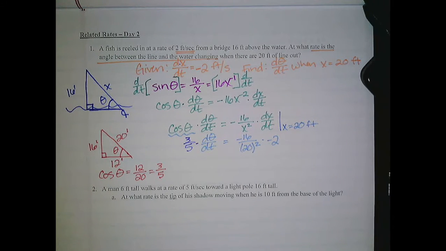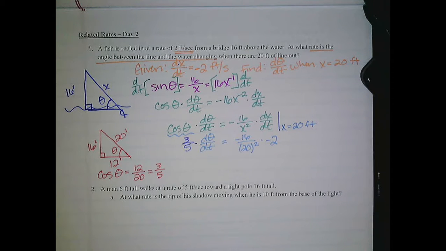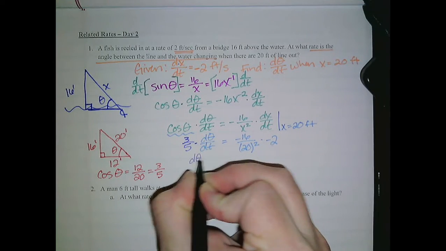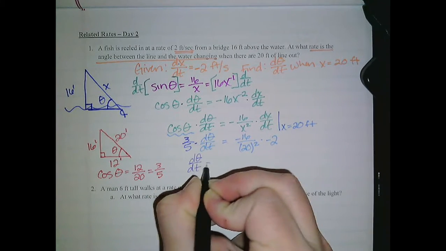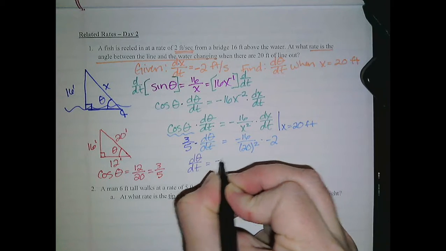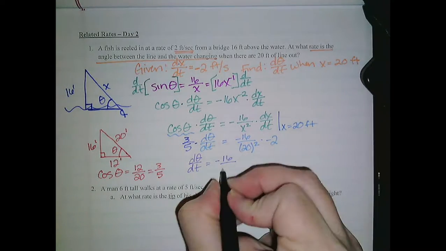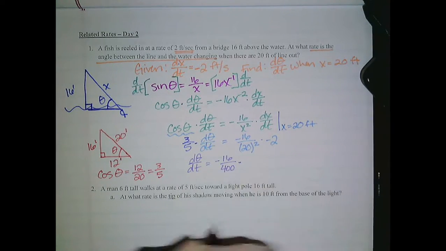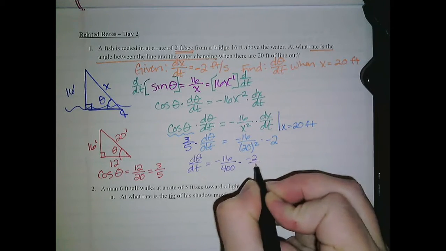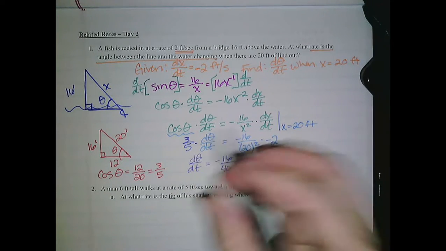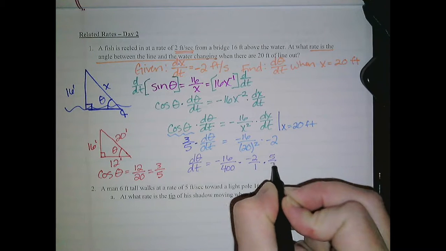So now, let's see, I know that d theta dt is equal to negative 16 over 400 times negative 2 over 1 times 5 over 3.